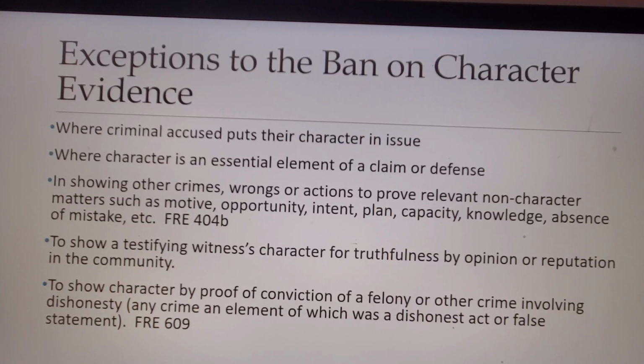One other exception relates to specific cases where deception is an element of the law, like fraud cases. So down on the last bullet point, you see Federal Rule 609. So for example, in fraud cases, if a defendant is charged with a crime like fraud, and everyone in the community knows this person to be a dishonest person, and they all have had interactions with this person, and he is known to be dishonest, that's an element in dispute.